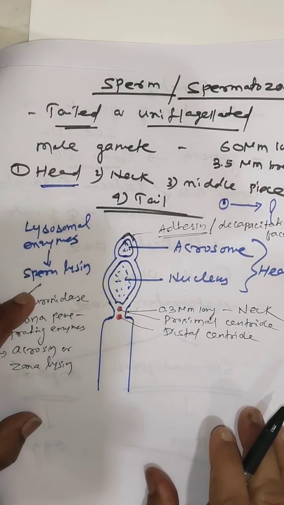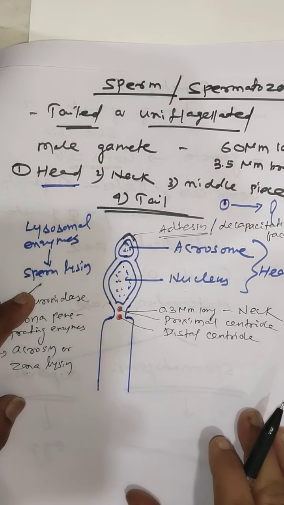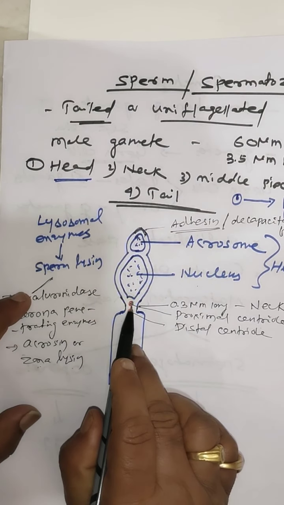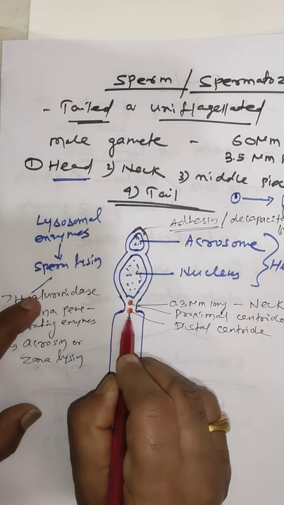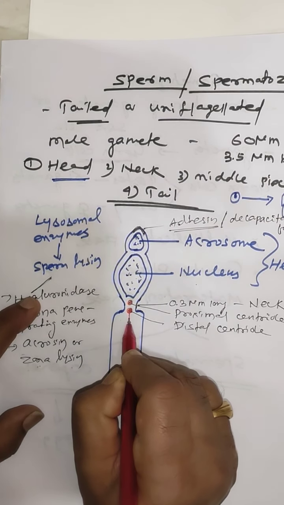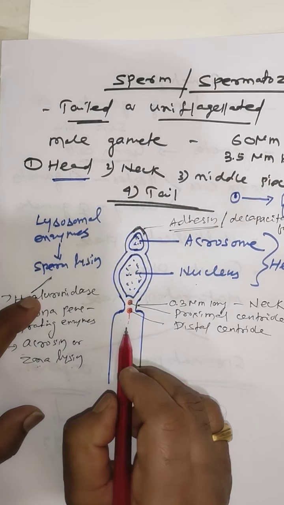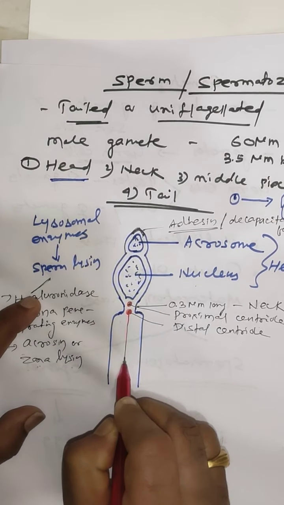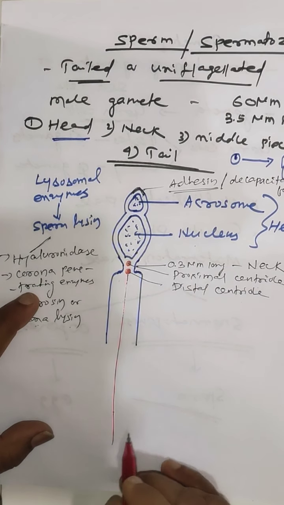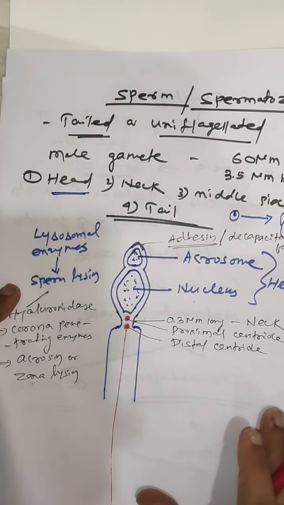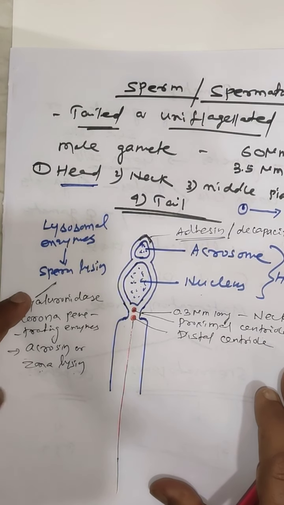The proximal centriole is free, whereas the distal centriole is connected to the axoneme or axial filament.